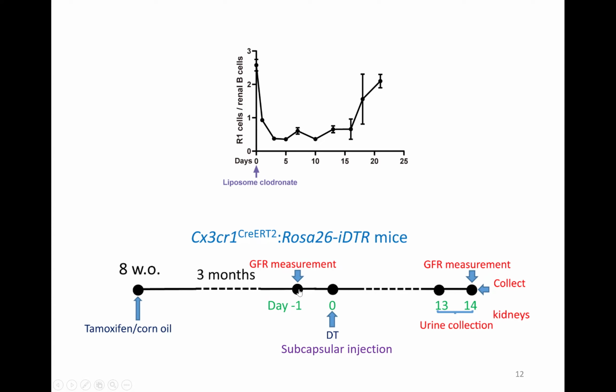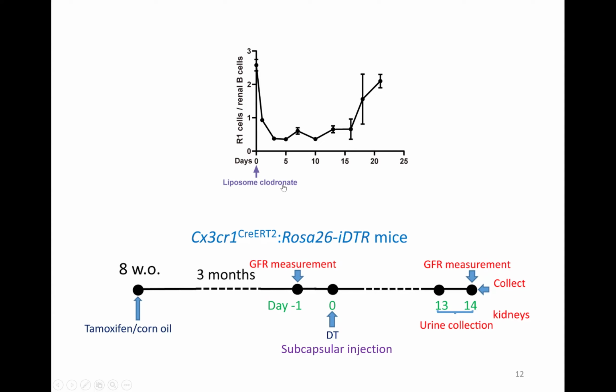So by then, only self-maintaining macrophages expressed the DTR. Because the bone marrow-derived macrophages had been completely replaced, they lost the DTR expression. Then we gave a subcapsular injection of DT so that the drug had an effect only on the kidney, but not other organs.